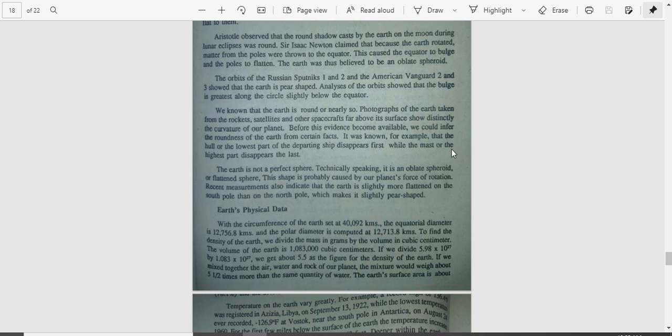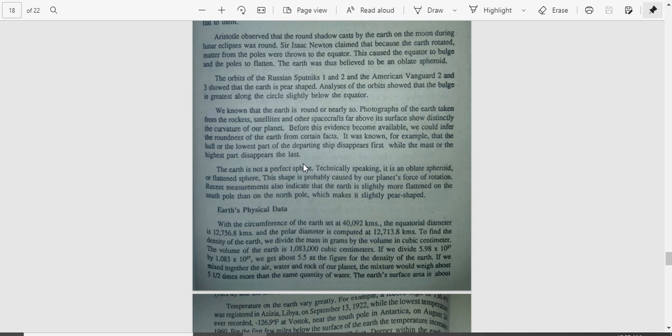We know that Earth is round or nearly so. Photographs of the Earth taken from rockets, satellites, and other spacecraft far above the surface show distinct curvatures of our planet.